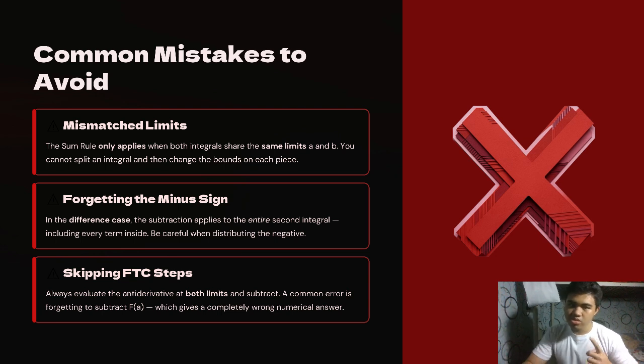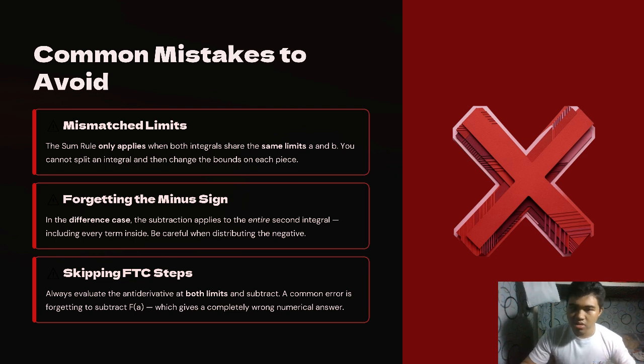First, mismatched limits. The sum and difference rules are only valid if both integrals share the exact same interval. You cannot split a function and then change the bounds from a to b on one piece and something else on the other. They must remain identical throughout the entire process.